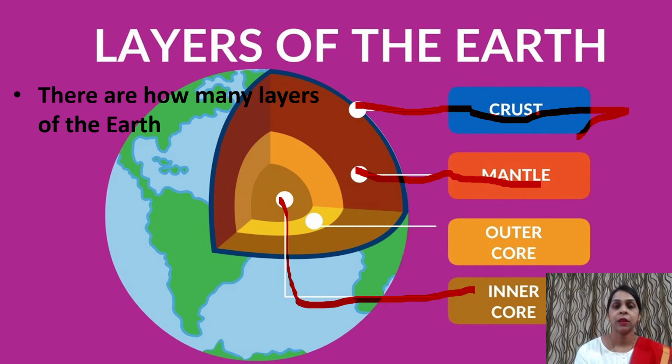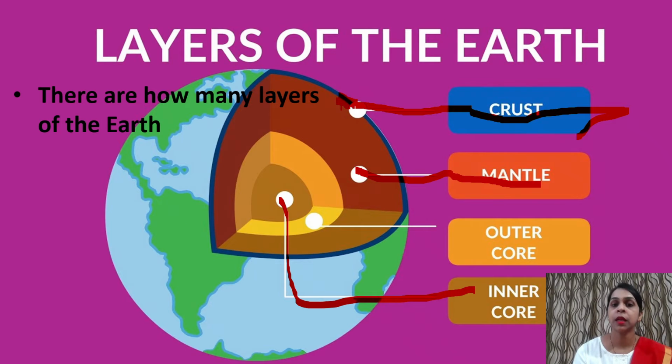Observe the slide carefully and understand how the layers of the earth are placed. The crust is extremely thin in comparison, with an actual thickness of about 30 to 35 km. You can see in this picture the uppermost part is the crust.